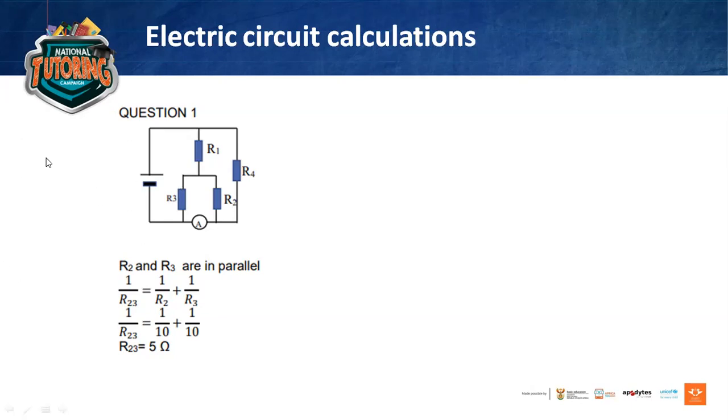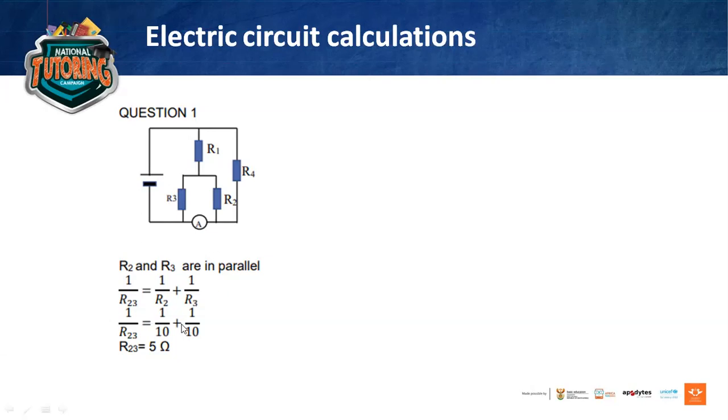So we're going to say 1 over R23 is equal to 1 over R2 plus 1 over R3. And because each of them is 10 ohms, we're going to put our 10 ohms there.